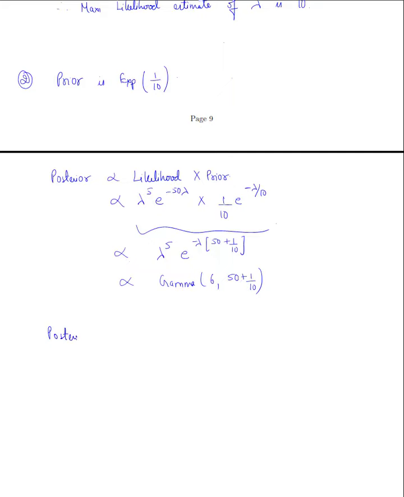The posterior mean of lambda is going to be 6 upon 50 plus 1 by 10. That is 6 divided by 50 plus 0.1, which becomes 0.119 something. So we can write this as 0.12.